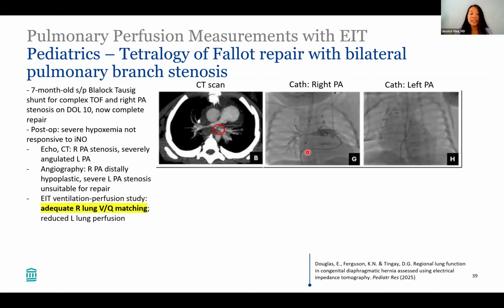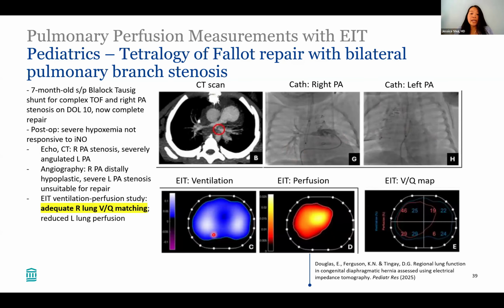Well, they used EIT, and they looked at the ventilation and the perfusion. They did use the hypertonic saline apnea breath-hold contrast protocol. Here you can see the perfusion, and here you can see their VQ map where they overlap the ventilation and perfusion.